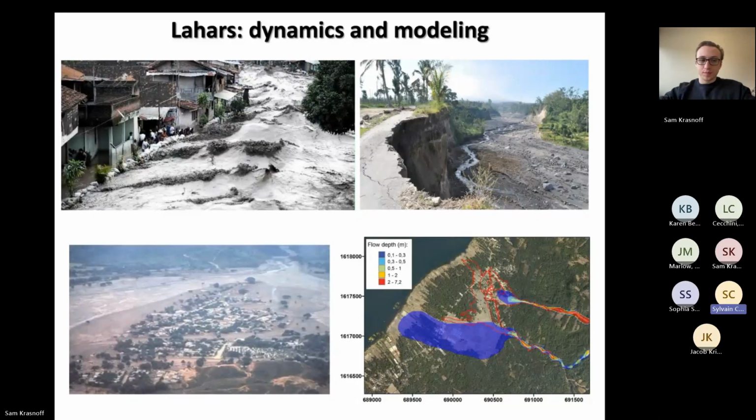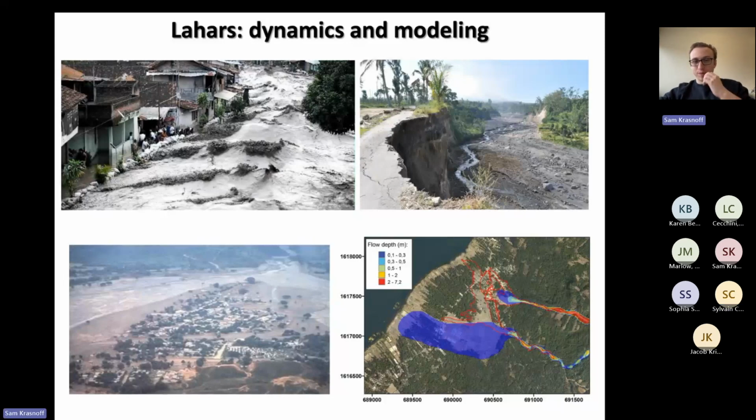It's the lahar that happened after the 2010 eruption of Merapi volcano in Java. And then the bottom left is, I believe, Casitas in Nicaragua, one of these lahars that happened, I think in the early 90s.